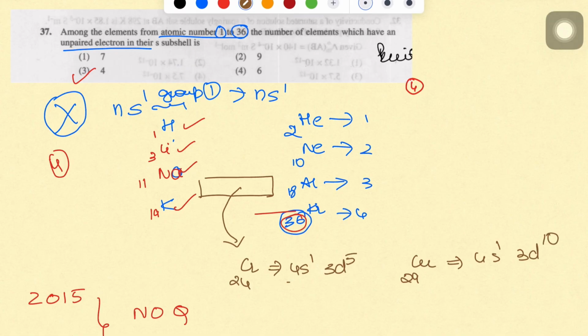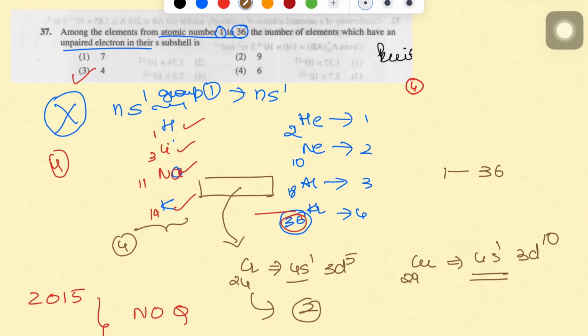So these also have an unpaired s subshell electron. So in total, 4 s block elements, and from the d block elements between 1 and 36 we have 2. So 4 plus 2, we have 6 elements like that. So the answer is the fourth option.